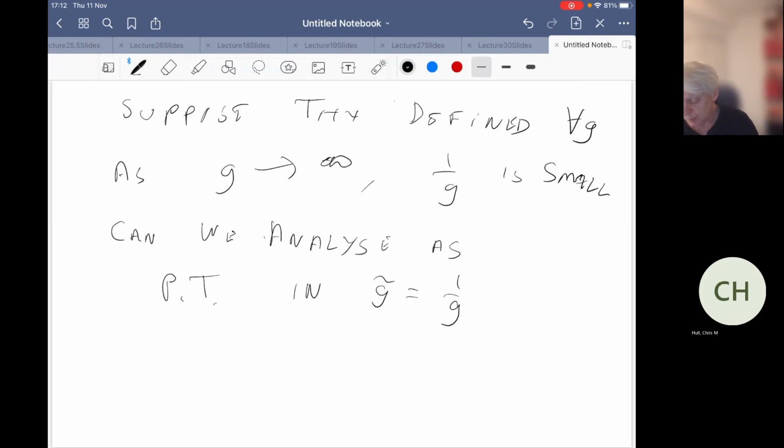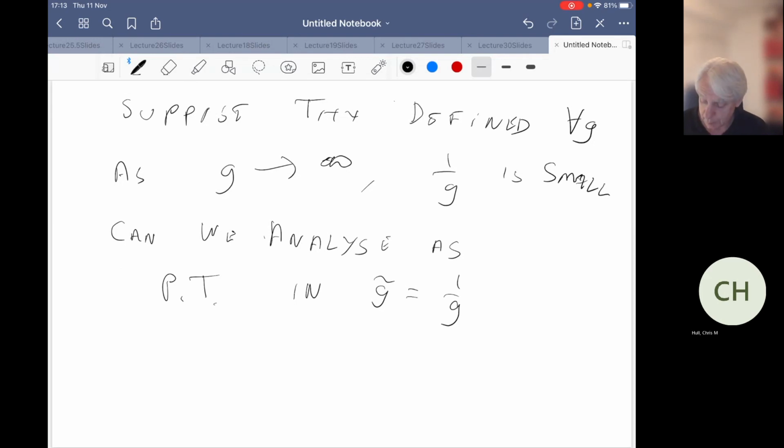And rather strikingly, it can turn out that this dual theory, which is defined as a perturbation theory in G tilde, may have nothing to do with the original theory, or look very different. In particular, it can have very different degrees of freedom. This shouldn't be too surprising, because we saw that degrees of freedom in the weakly coupled theory may not extrapolate to stronger values of the coupling.